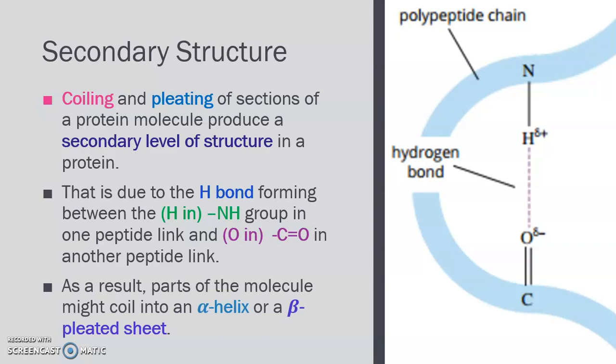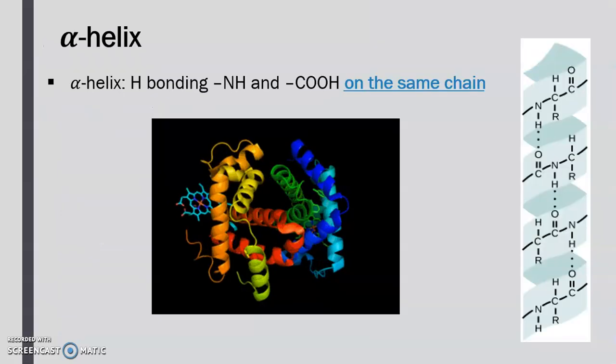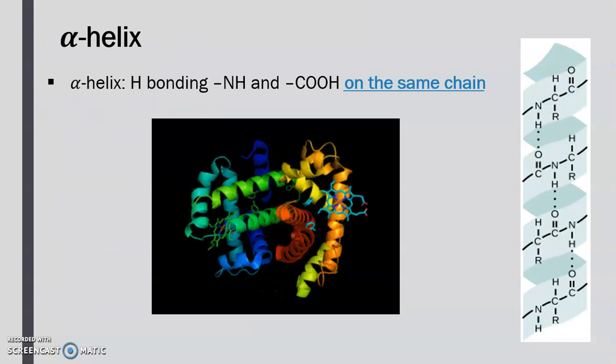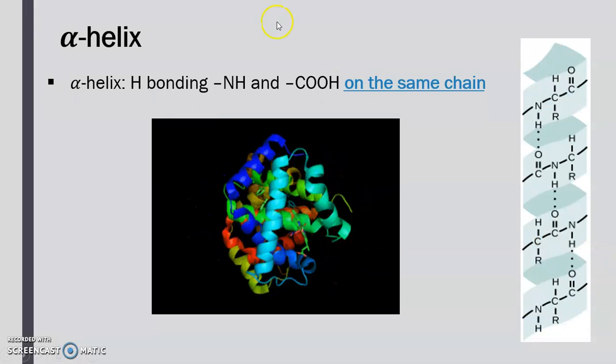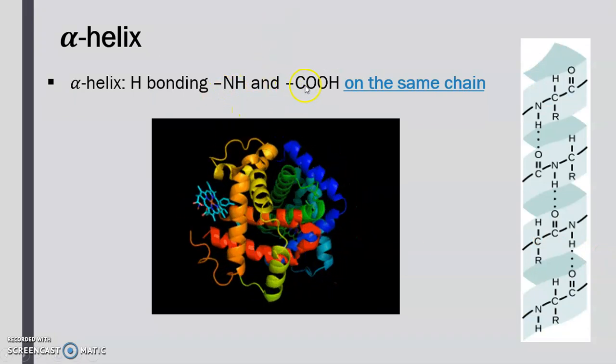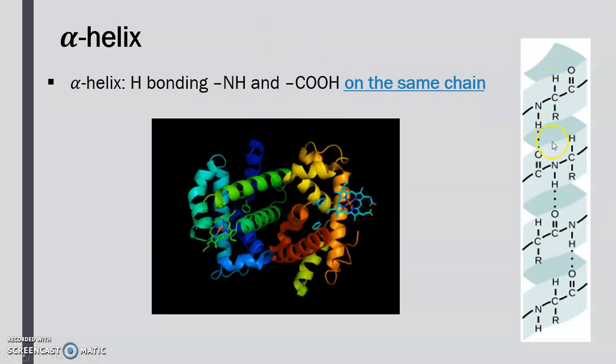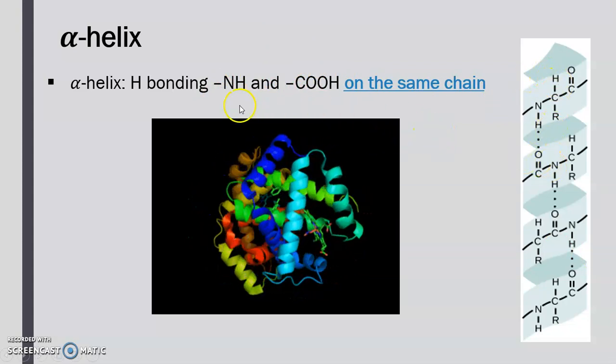As a result, parts of the molecule might coil into an alpha helix, and beta pleated sheet. Now, alpha helix is the hydrogen bonding between the NH and the CO on the same chain. This has to be very specific.